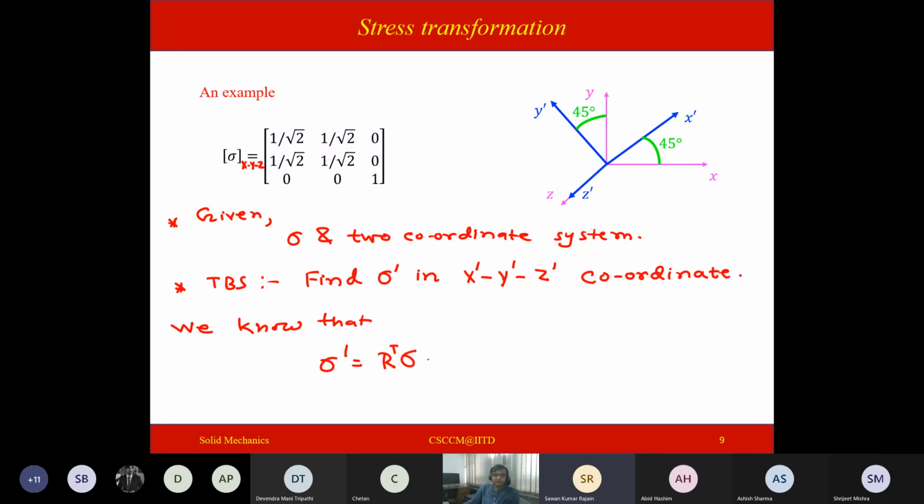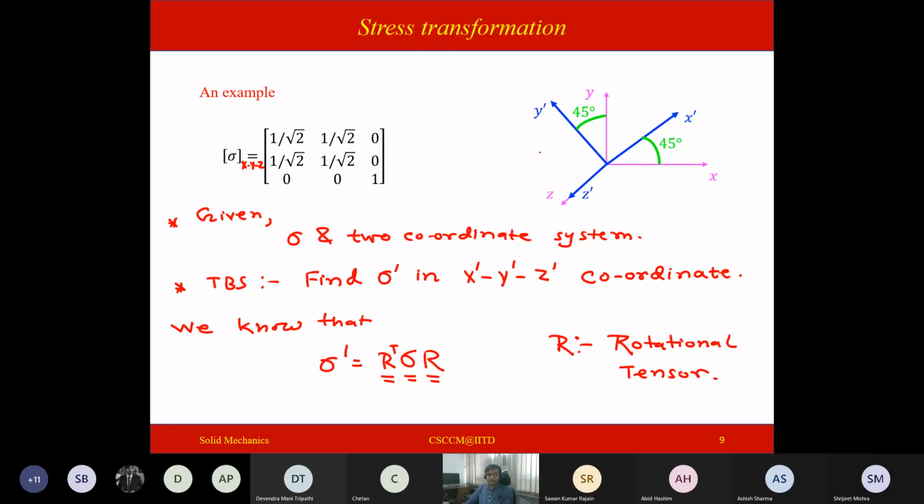Yes, it is R transpose sigma into R. So now I need to find out this R, and remember R is known as a rotational tensor. Okay, so from this diagram, I want to find out what is my R. So let us try to see if we can find out what my R is.